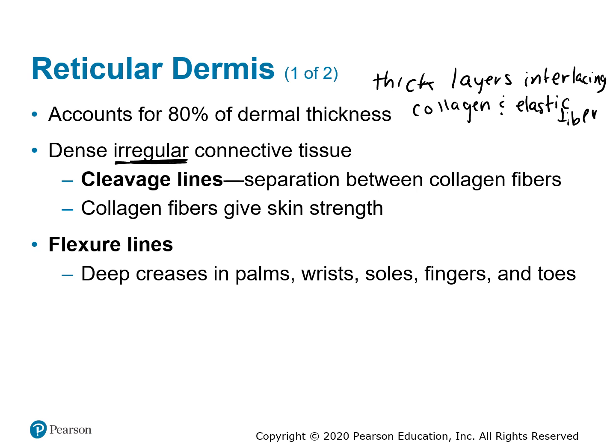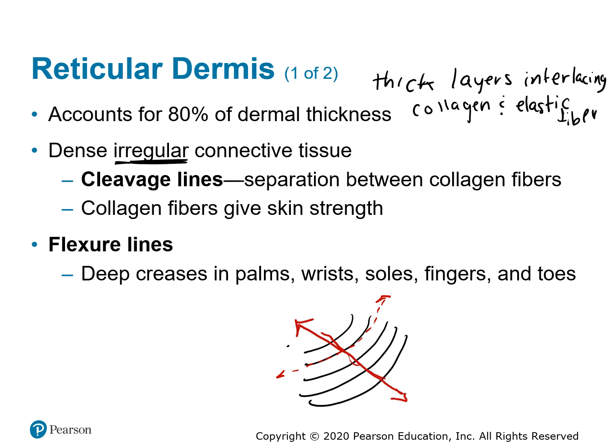So if your dermal plane looks like this, they will try to cut with the dermal plane because that helps with healing, makes it a little bit easier. If they cut across the dermal plane, that one's a bit harder to heal. And it's because of those cleavage lines that are made by that collagen fiber separation. Okay?